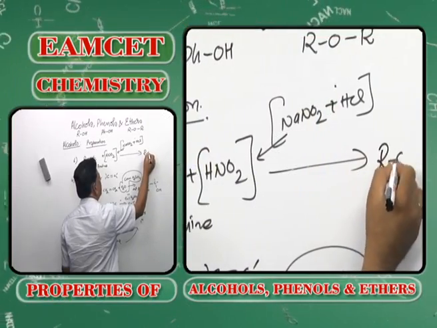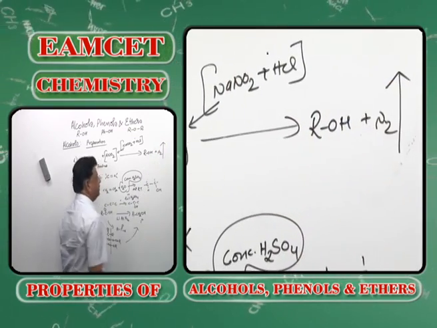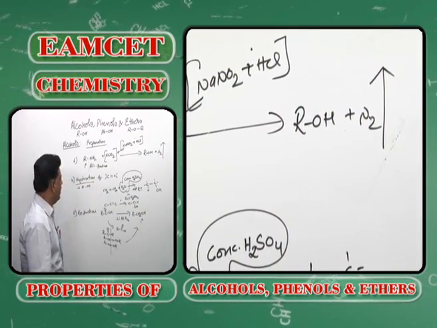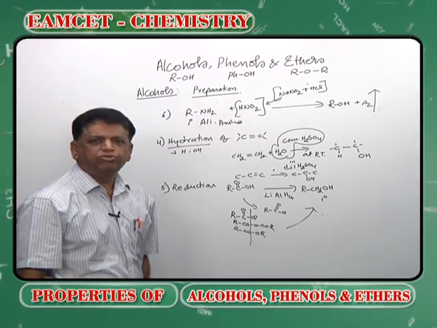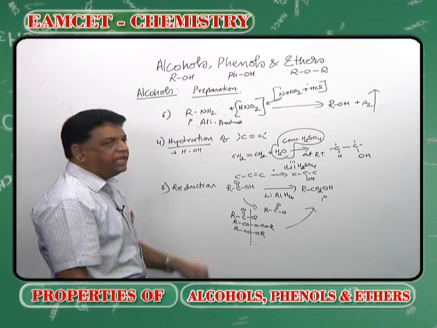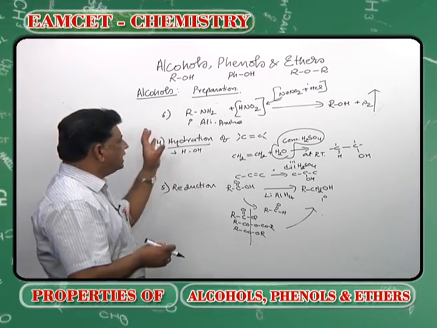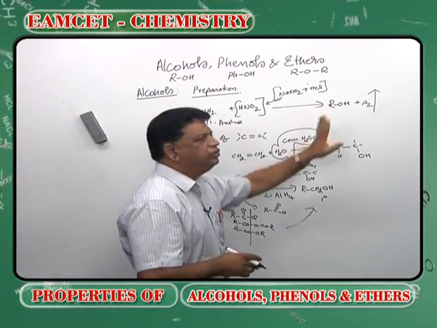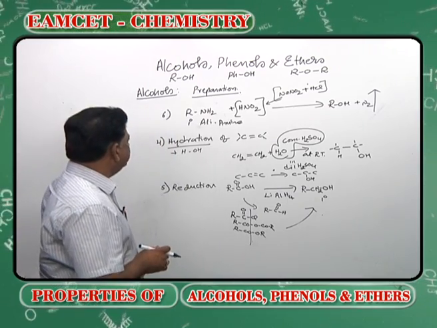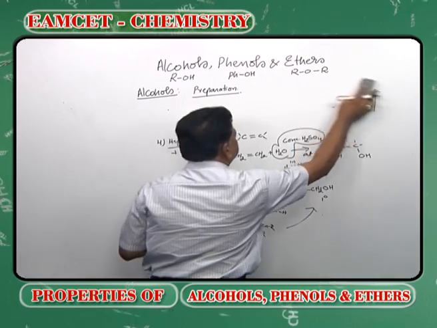Finally, what comes is ROH, and nitrogen is liberated, and the alcohol can be prepared. Methylamine will give methanol, ethylamine will give ethanol, and so on. The same reaction with an aromatic amine gives diazonium salts; in the aliphatic case also you get diazonium, but it decomposes to give the alcohols. So all these six methods are very good methods for the preparation of alcohols.